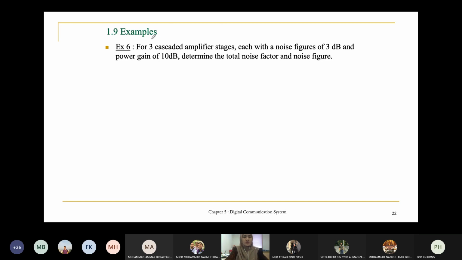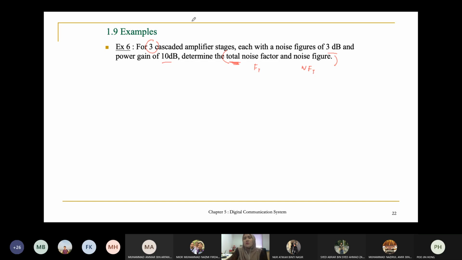For example 6, for 3 cascaded amplifier stages, each with a noise figure of 3 dB and a power gain of 10 dB, determine the total noise factor and noise figure. So the question asks you to calculate for FT and also NFT.